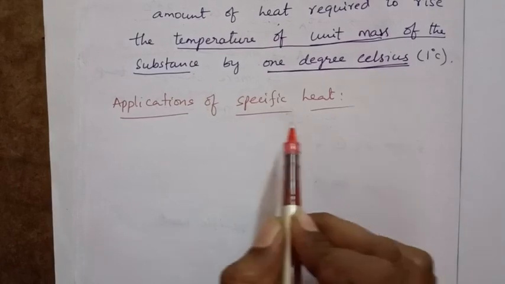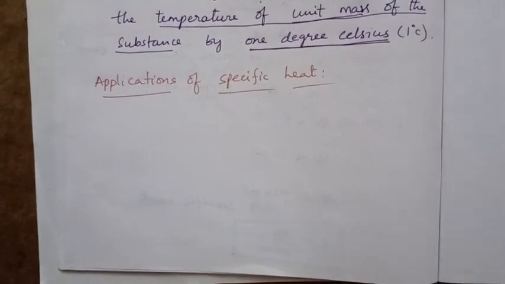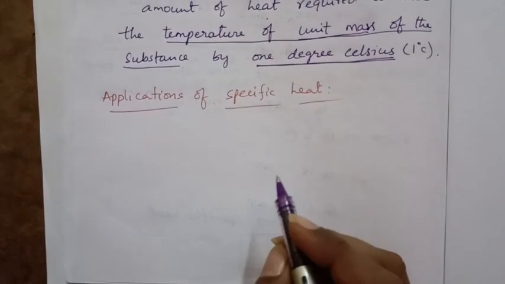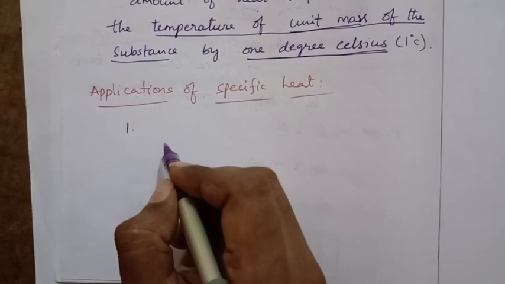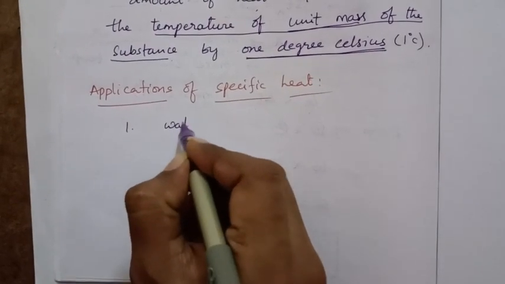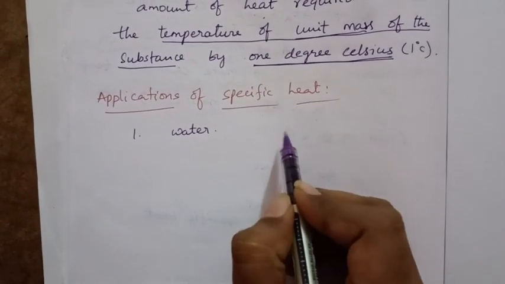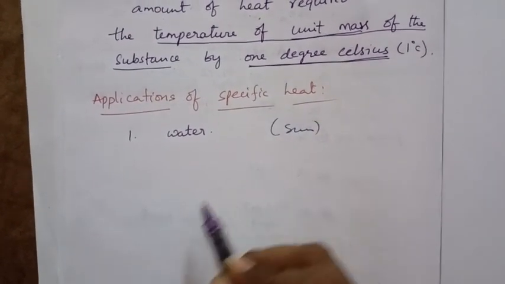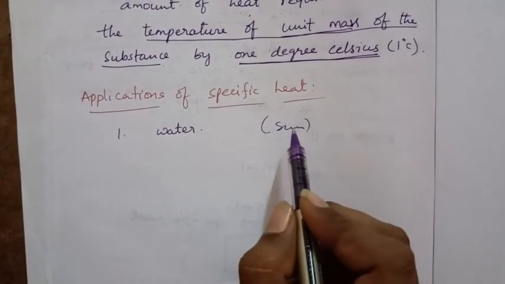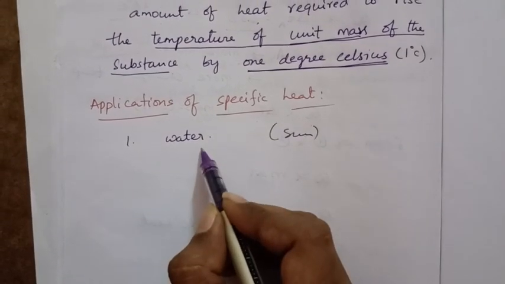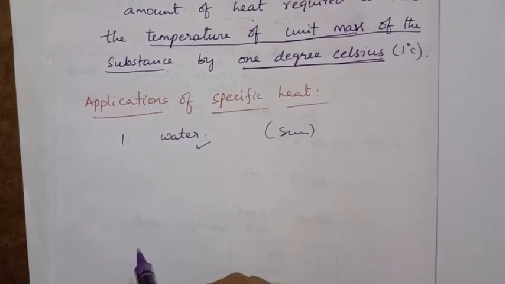Now, next, applications of specific heat. We have some applications related to specific heat. First one is ocean water. Daily we are getting more amount of heat from the sun, which is absorbed by water, and its temperature does not rise quickly.